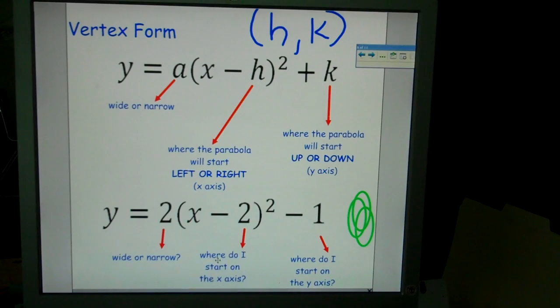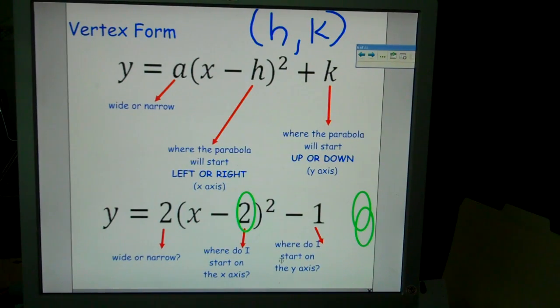All right, where would I start on the x-axis? Am I going to start at -2 or just 2? I'm going to start at just 2 because that negative sign, that subtraction, is part of the formula. Okay, -1. Where would I start on the y-axis? -1. Okay, and make him nice and fat. That's the whole thing, -1.